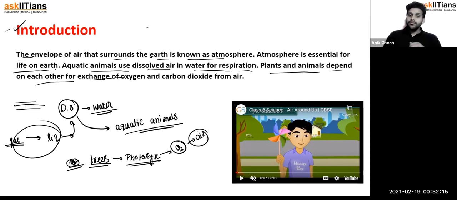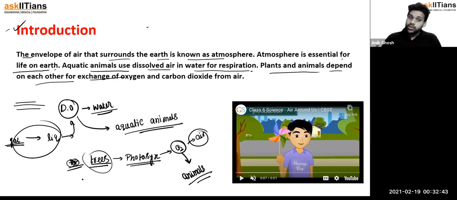Now we do exactly the opposite thing. We take this oxygen, as animals. That is how the exact balance is maintained. That is why they say that we should plant more and more trees, because as for our reproduction, the number of animals is increasing day by day, right?